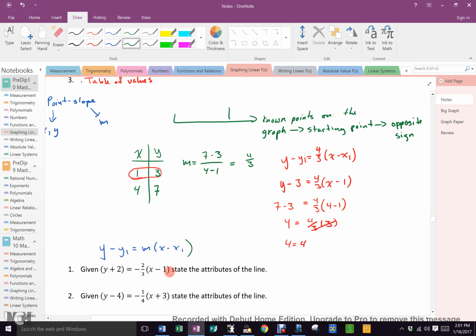Where? 2, -1? Don't x's go first? No, -1 and 2. Okay. -1 and 2, but we got to remember it's opposite signs, right?